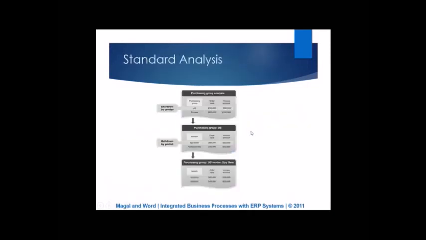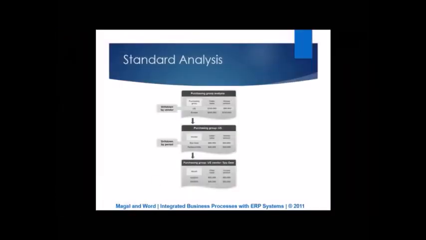Okay. So what we looked at just now was standard analysis. We use standard analysis to drill down by vendor and drill down by period. Now we can also do flexible analysis, which was not shown in the demo.